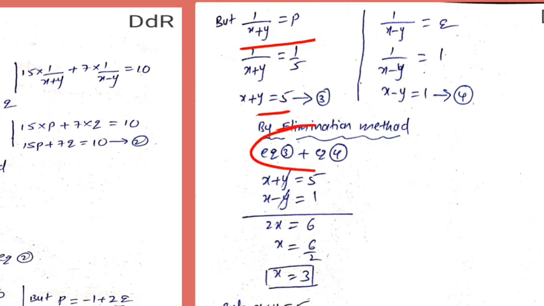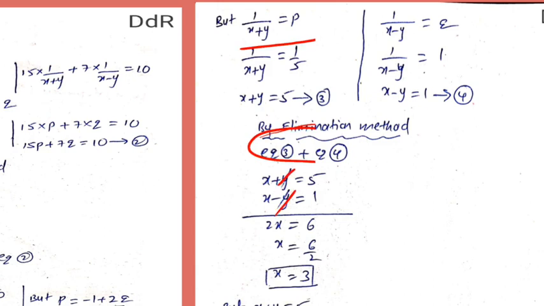Okay. So when the signs are the same, then do the subtraction. When you're doing the subtraction of two linear equations, definitely signs will get changed for the second equation. But here signs are already different, so that is why I'm doing equation 3 plus equation 4. No need to change the signs for the second equation because we are doing addition.